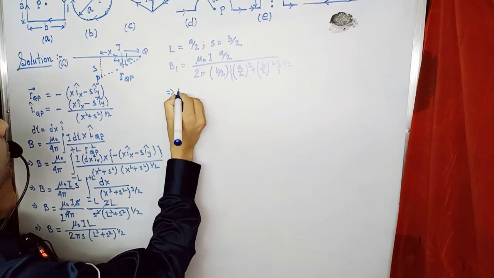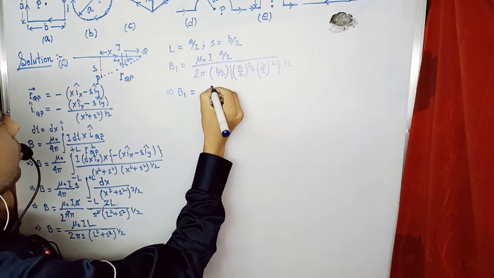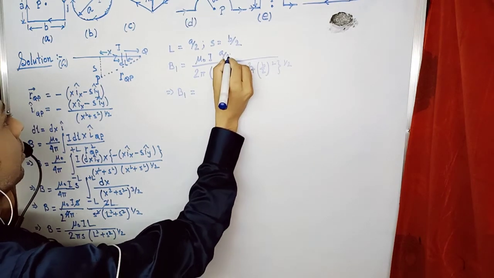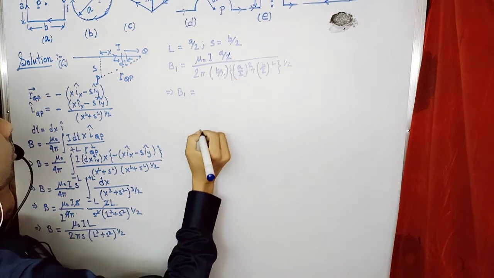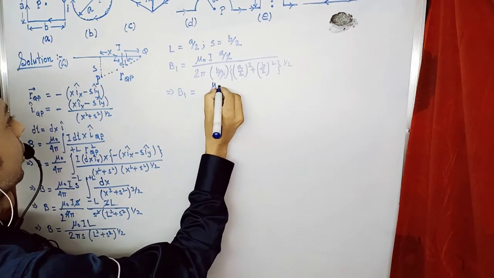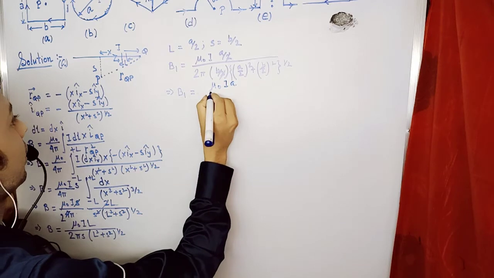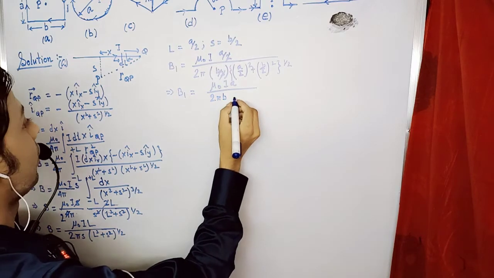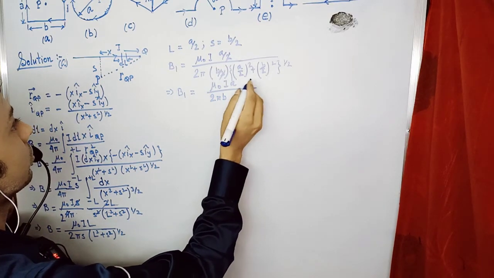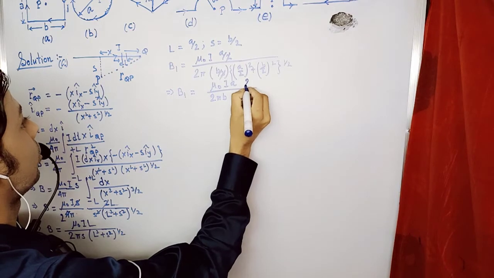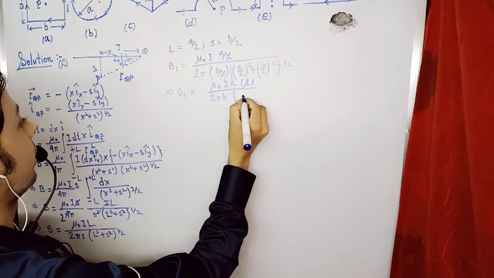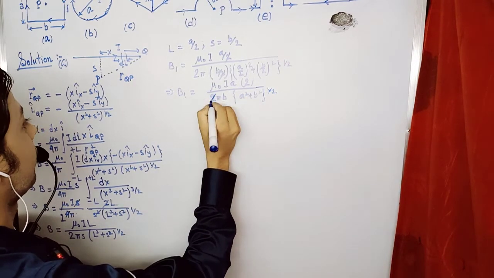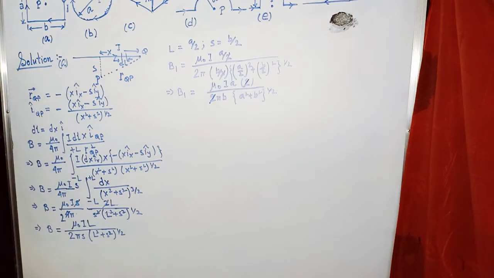So we can write B1 equal to mu naught, and we can cancel this 2 and this 2 as well. Therefore this value will be mu naught IA divided by 2 pi B into 2, and in the denominator there will be A square plus B square to the power half, and this 2 and this 2 will again get cancelled.